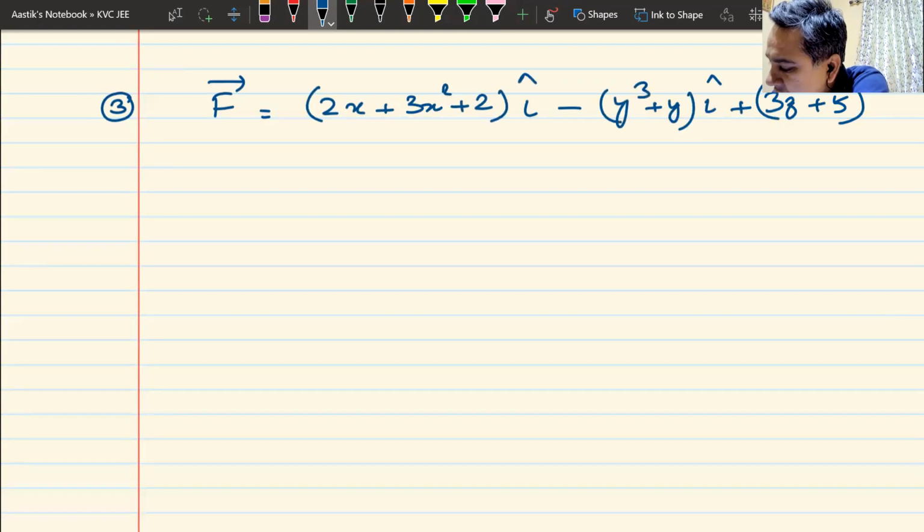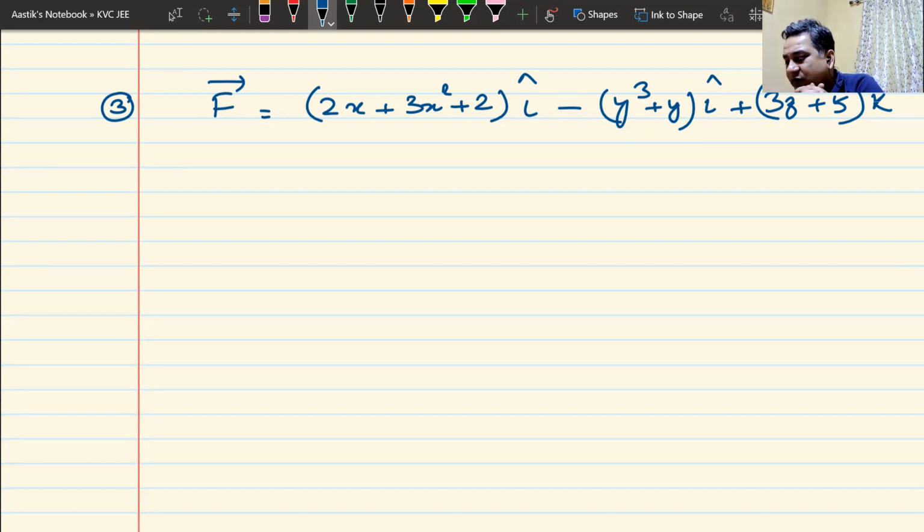Looking at the force, without wasting time, is it conservative or non-conservative?